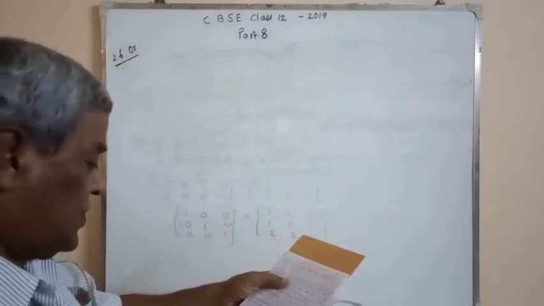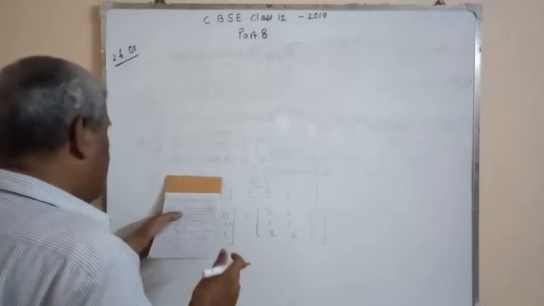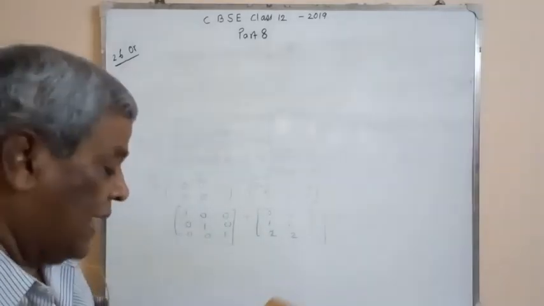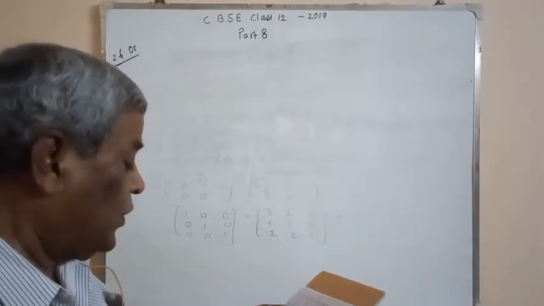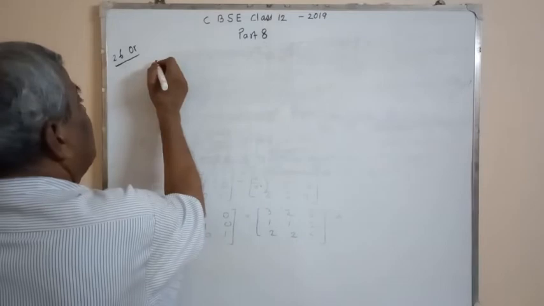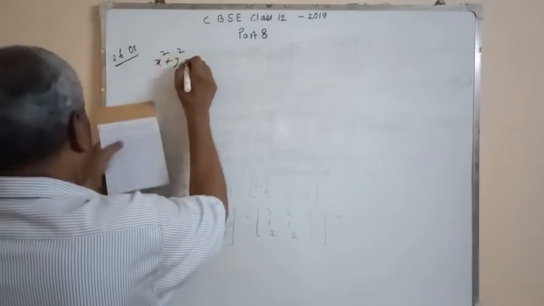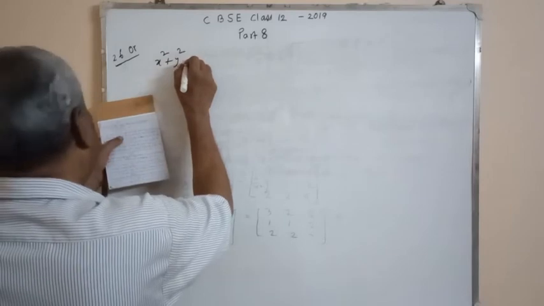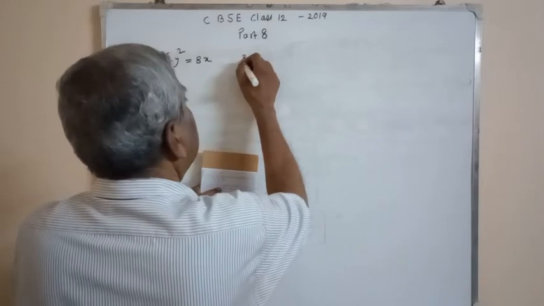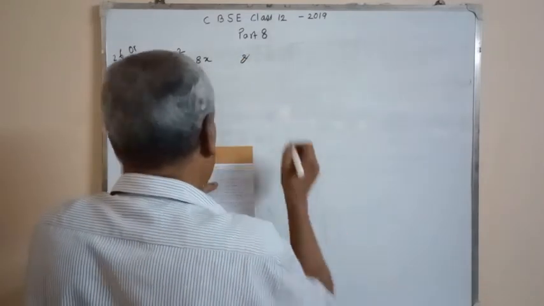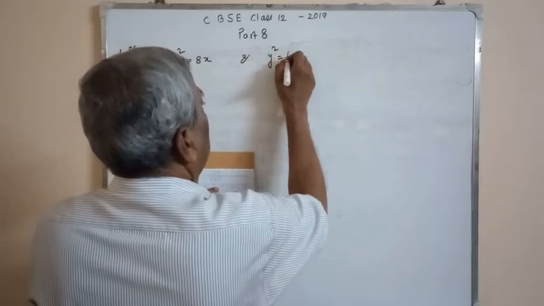The question is: find the area of the region lying above the x-axis and included between the circle x square plus y square is equal to 8x and the parabola y square is equal to 4x.